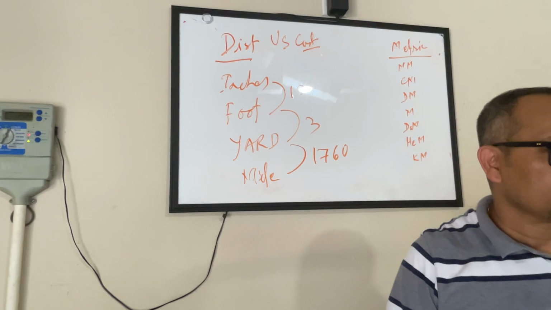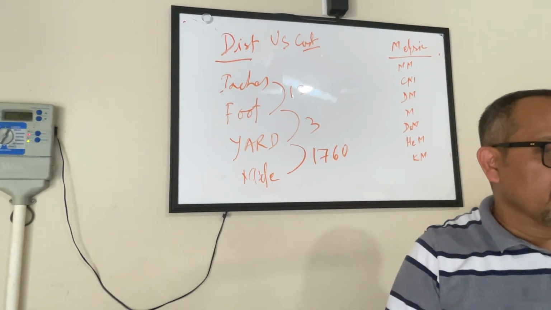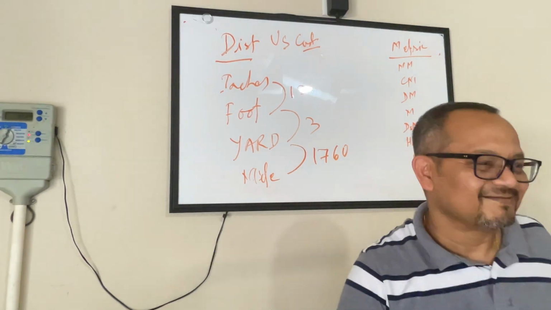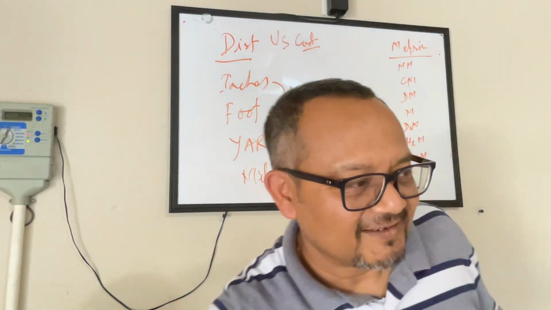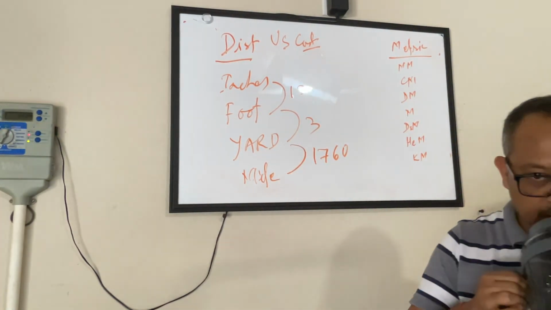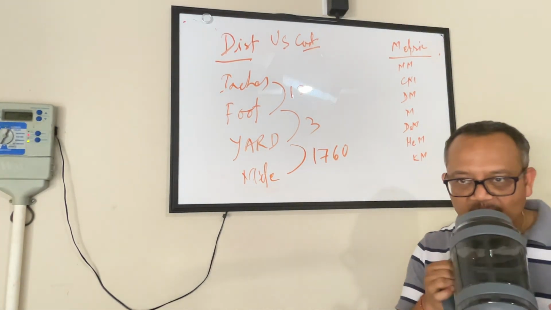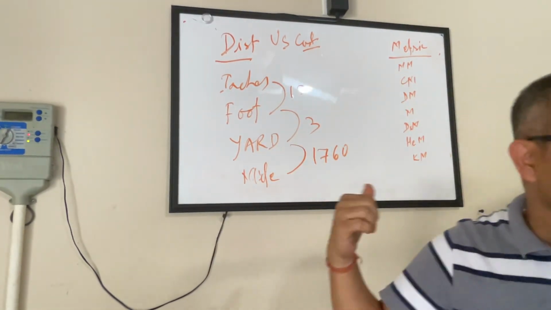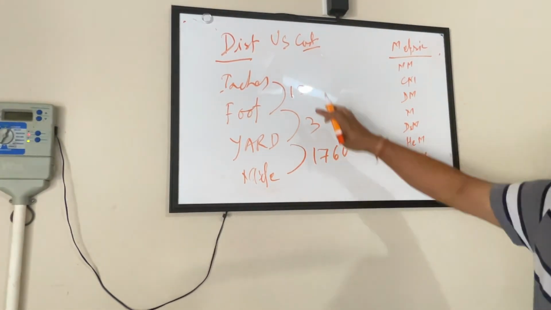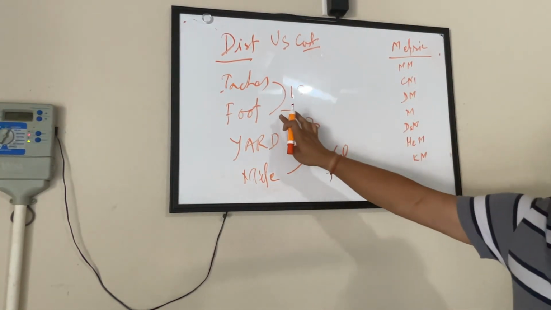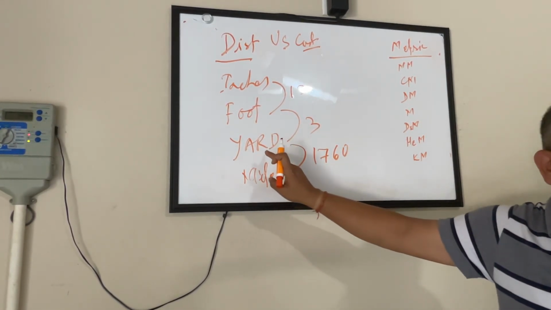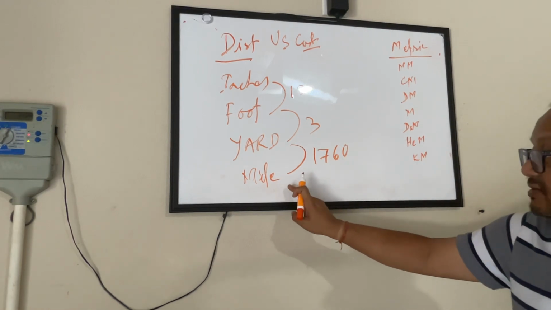Can somebody confirm this? I might have forgotten. I think this is correct. So 12 inches make 1 foot, 3 feet make 1 yard, and 1760 yards make 1 mile.